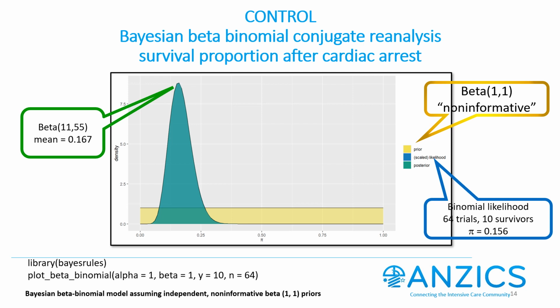That is our likelihood, our binomial likelihood. That's sitting exactly behind the posterior result, the probability distribution of seeing 10 survivors out of 64 is that green curve. Can you see its average is 16.7%? Can you see it's jumped up very slightly from the binomial likelihood, the one that you as a frequentist would report to me, because we've actually put in one person who survived and one who didn't in the prior.